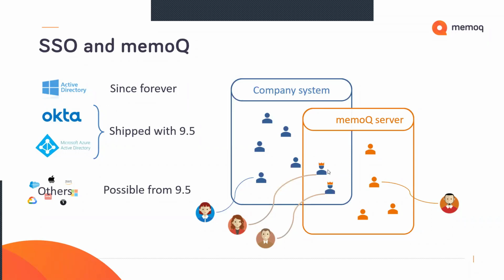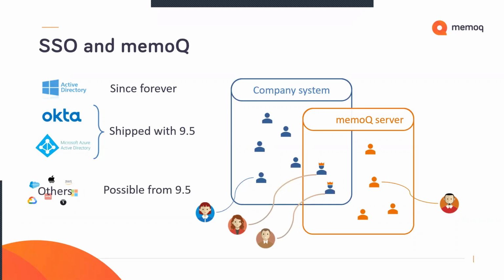The only difference is that now they are logging in with another set of username and password. As far as memoQ server is concerned, they are the same user, so no change there.